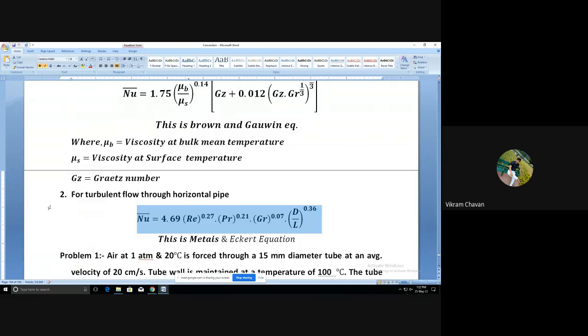This equation is called the Mathias and Eckert equation, because these are the scientists' names who discovered this equation, so the scientists' names are given to it.